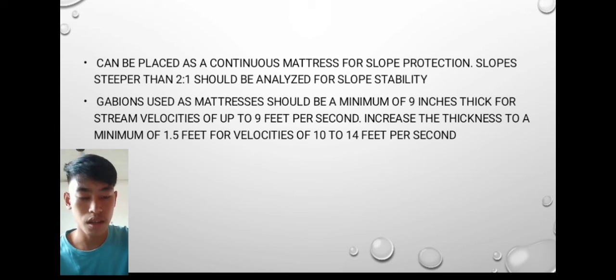Gabions used as mattresses should be a minimum of 9 inches thick for stream velocities of up to 9 feet per second. Increase the thickness to a minimum of 1.5 feet for velocities of 10 to 14 feet per second.